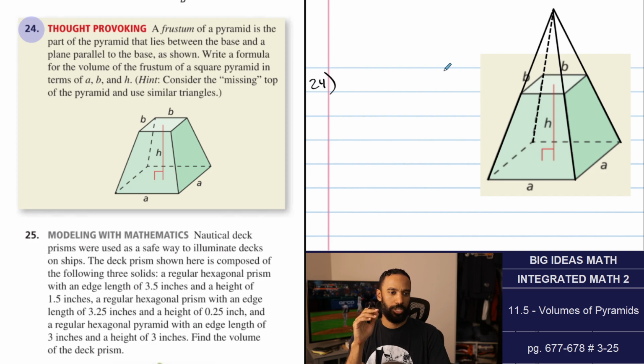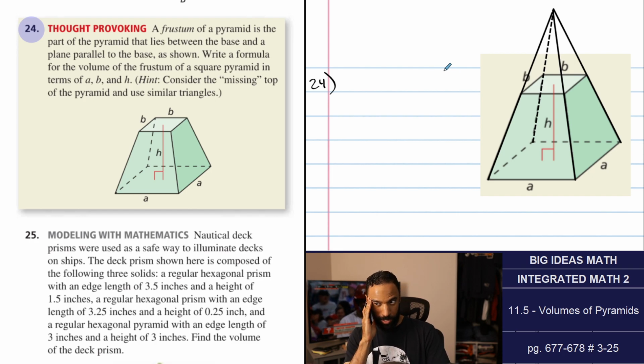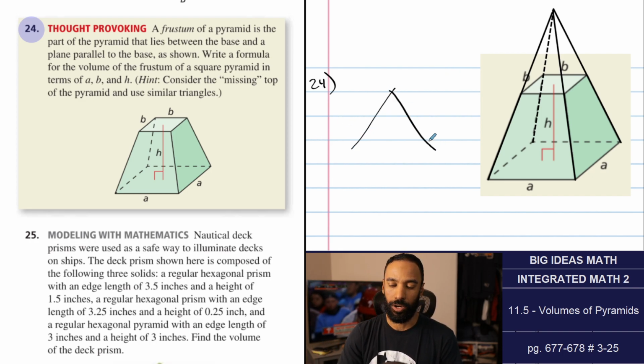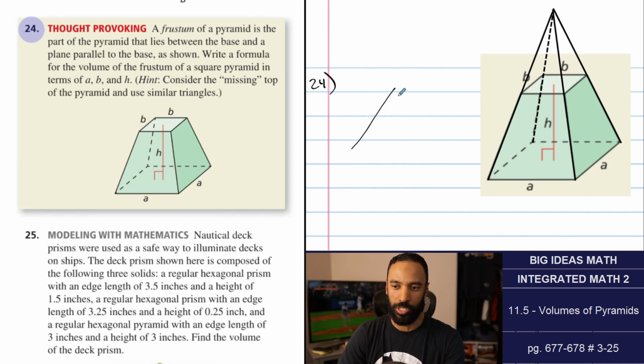The part of the pyramid that lies between the base and a plane parallel to the base. What I'm thinking about is what we would do in a triangle case. In a triangle, if you had something parallel here, how these things relate. I'll put A, B, C, D. How these things relate when they're parallel.